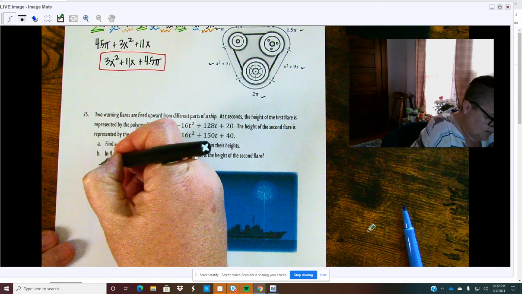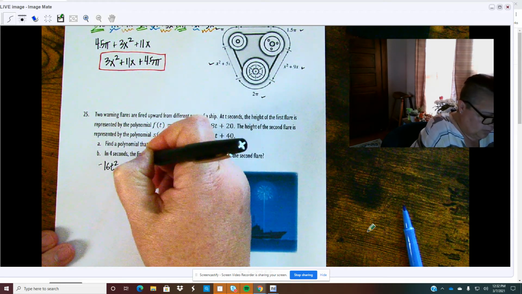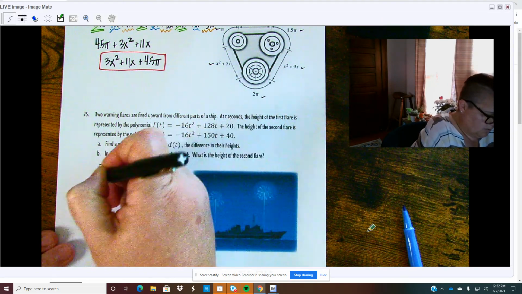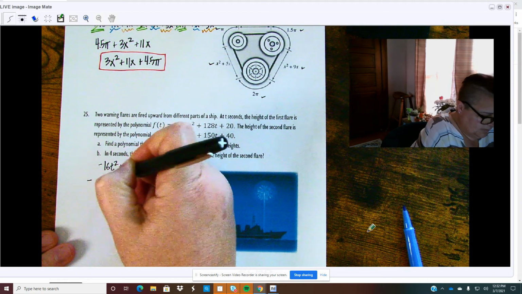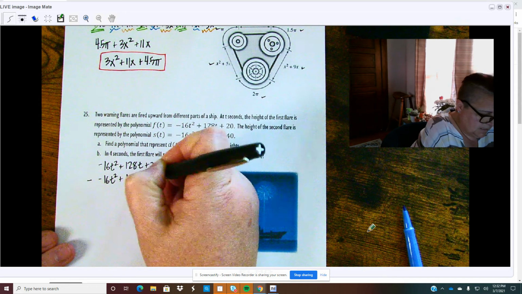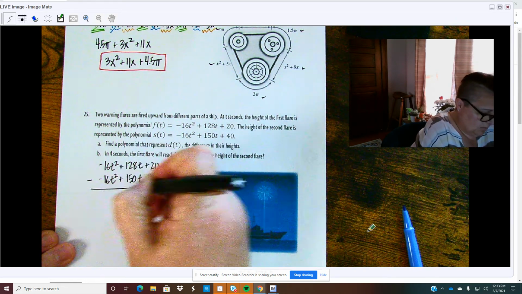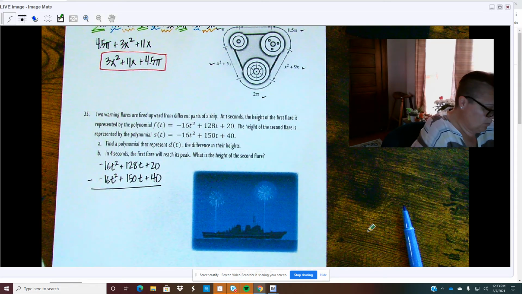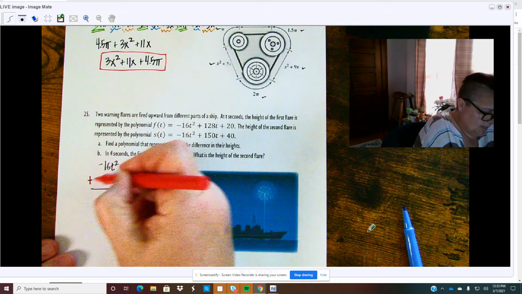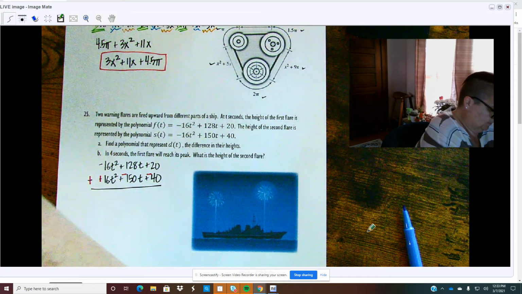So I'm going to do a negative 16t squared plus 128t plus 20, and I'm going to subtract a negative 16t squared plus 150t plus 40. Now, since I'm subtracting them vertically, that means subtracting is the same as adding the opposites, plus, minus, minus.